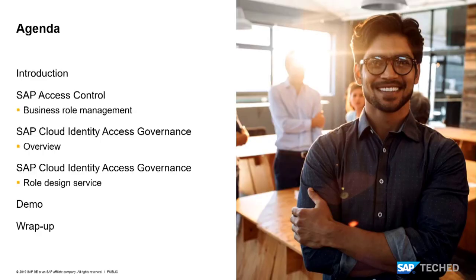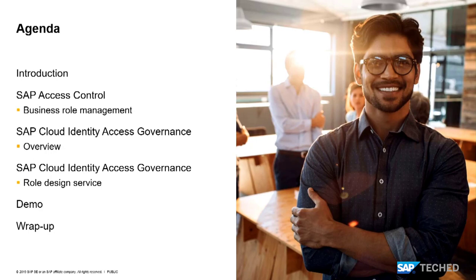Today I want to talk about intelligent ways to define roles, to design roles. And I want to start with a quick overview of where we are, where we come from. You all know role design in the on-premise world is based on SAP Access Control, from the GRC portfolio.